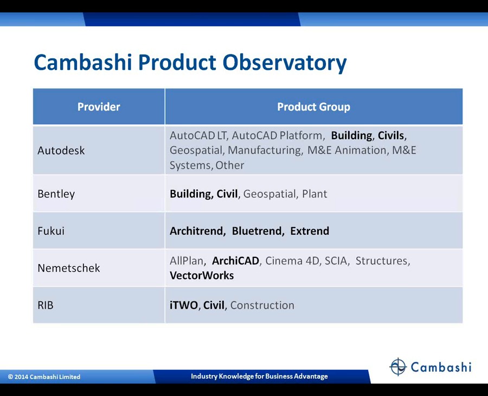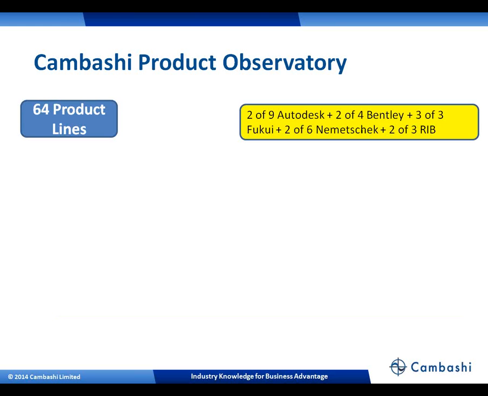We're going to select just these product groups, and they're the ones shown in bold here. I should say we sometimes use the provider's name for a product, in which case, of course, we acknowledge their rights to the name. Sometimes we group products together and use our own descriptive name. So by doing that, we've chosen the product lines we need, and I've summarized them here just by count.